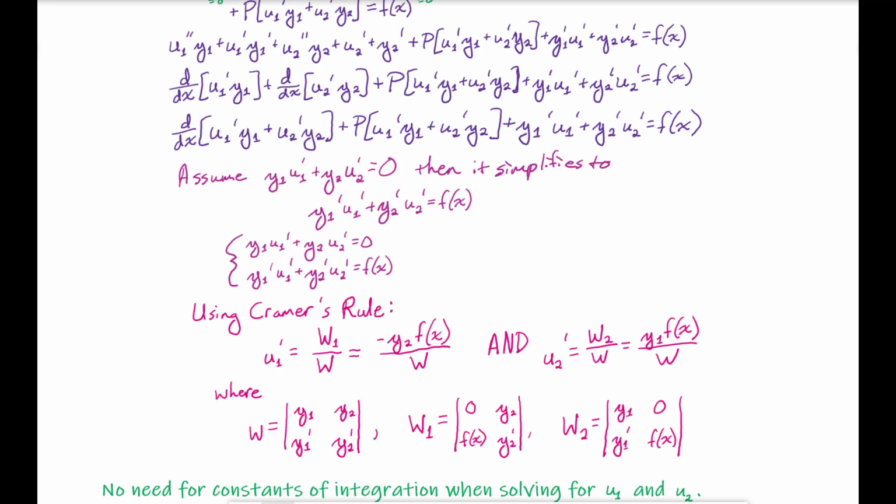W sub 1 takes the first column of that matrix and replaces it with 0 and f of x instead, while W sub 2 takes the second column and does the same thing.